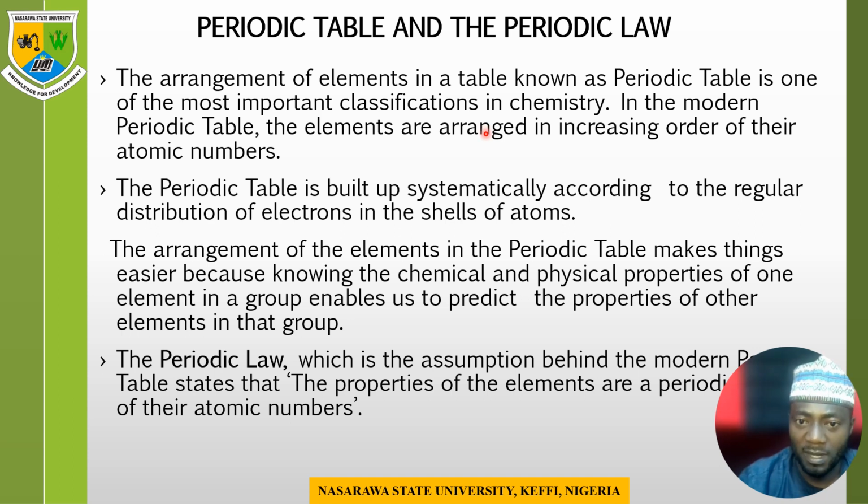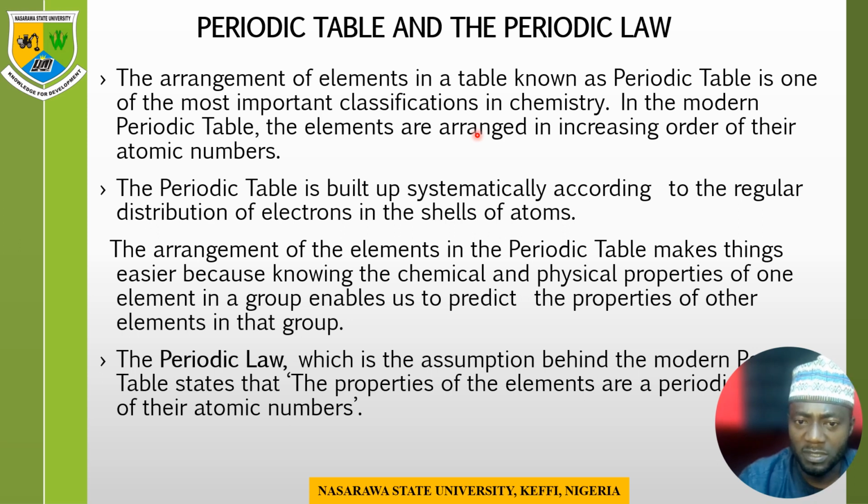He discovered after classification there were some gaps in the table which he tried to construct. So he predicted that there were some undiscovered elements, and he even predicted the properties of these elements.